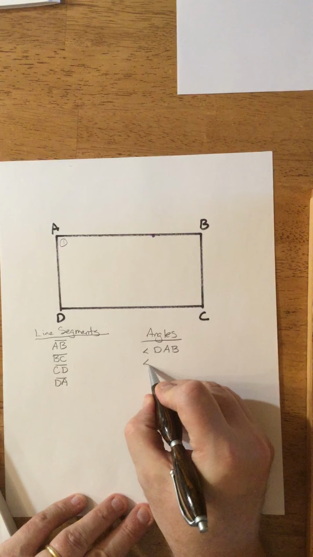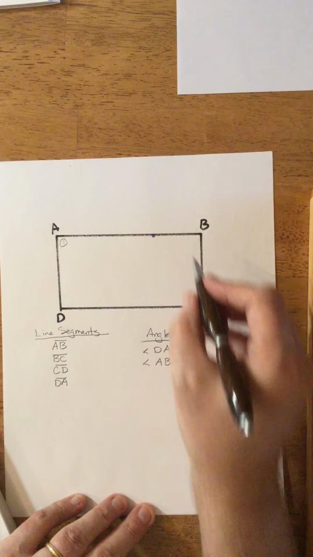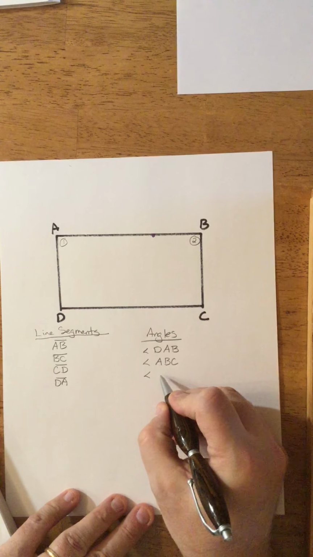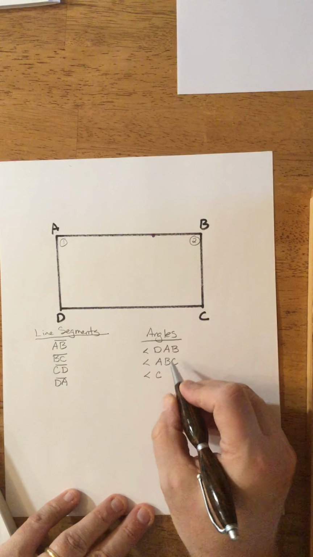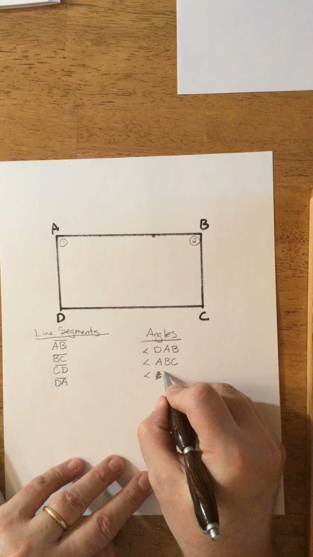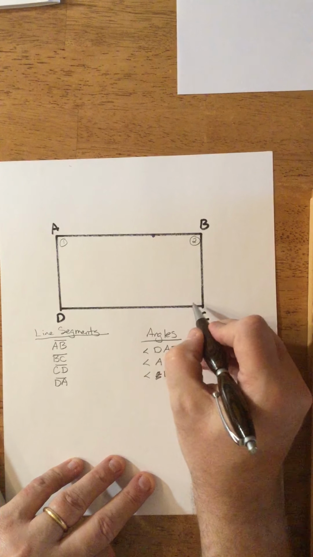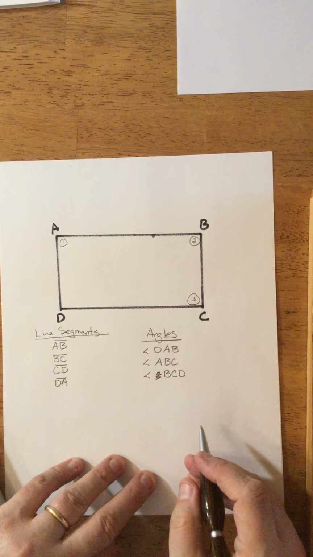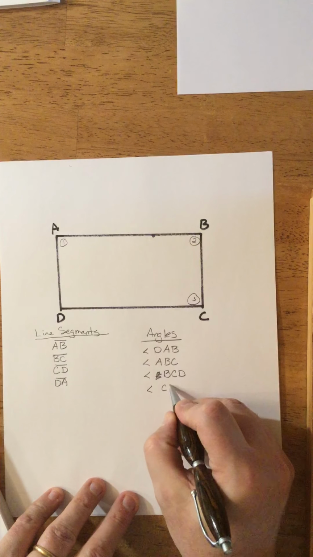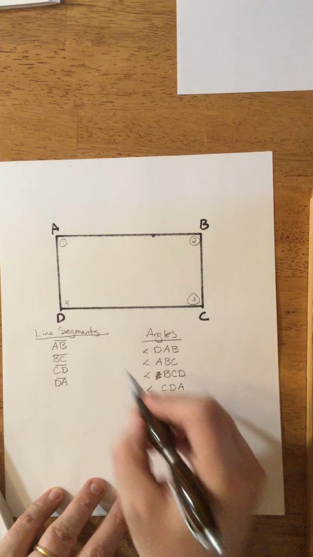I could also have angle ABC, which that would be a number 2 here. Scratch that. We're going to have angle BCD, which is angle 3, and our fourth angle would be angle CDA, right here in this corner.